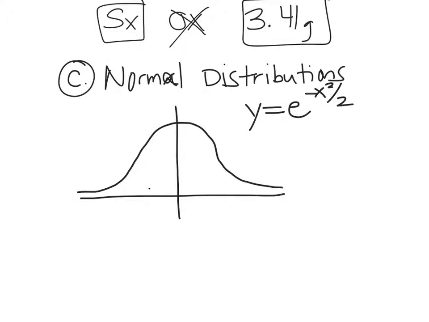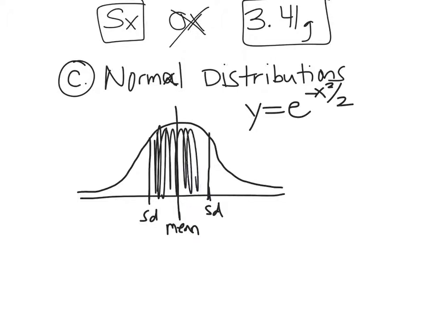The mean's in the middle, right there. If I go 1 standard deviation in either direction, then my data is going to be all of this. It's the area under this curve right here. Do you guys know how much percentage of the population is going to be in there? 68.